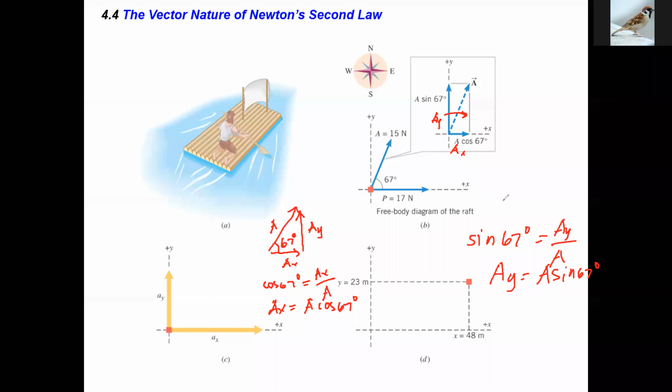This A here is the vector itself, the 15 newtons. This is how to figure out the components of a vector and have it in a summation along x and along y.